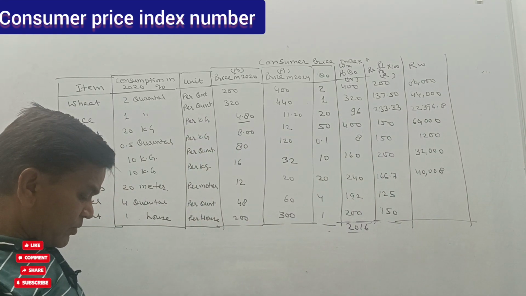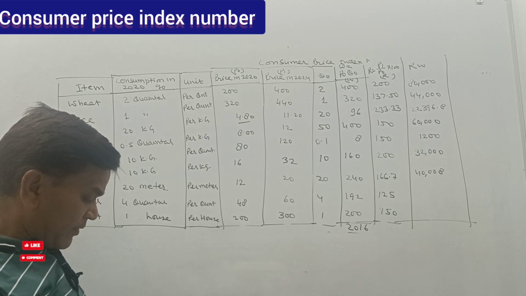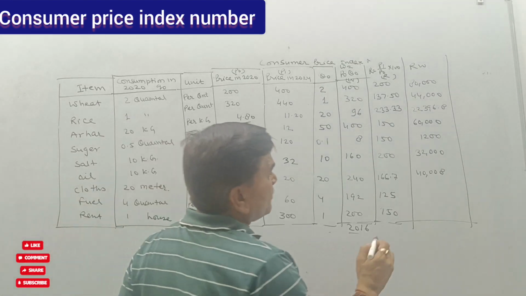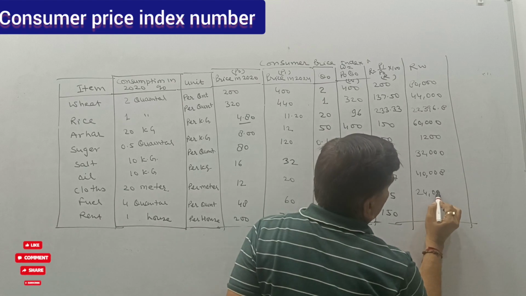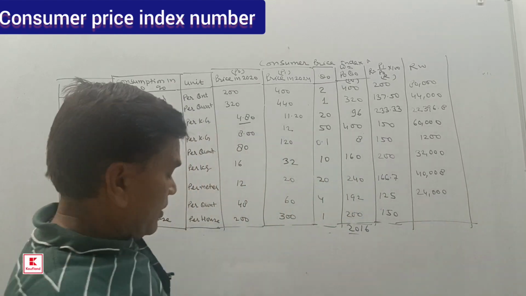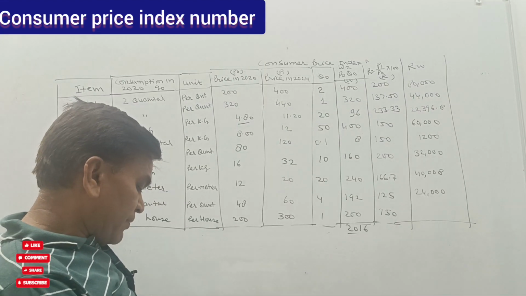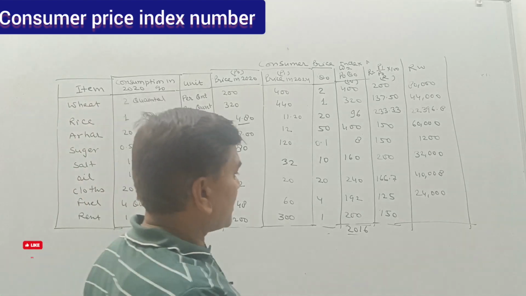Then 192 multiplied by 125, that is 24,000. 200 multiplied by 150, that is 30,000.